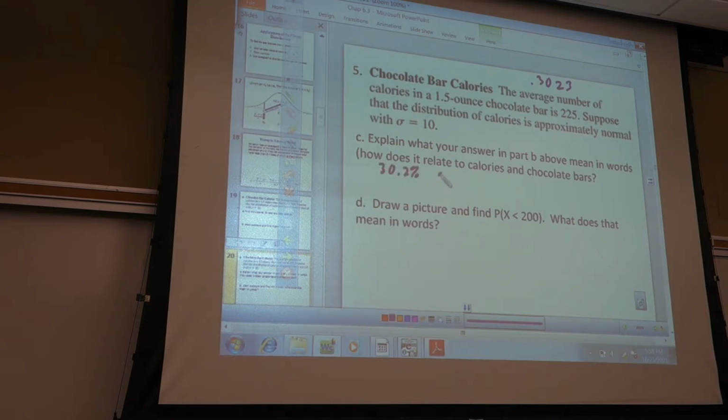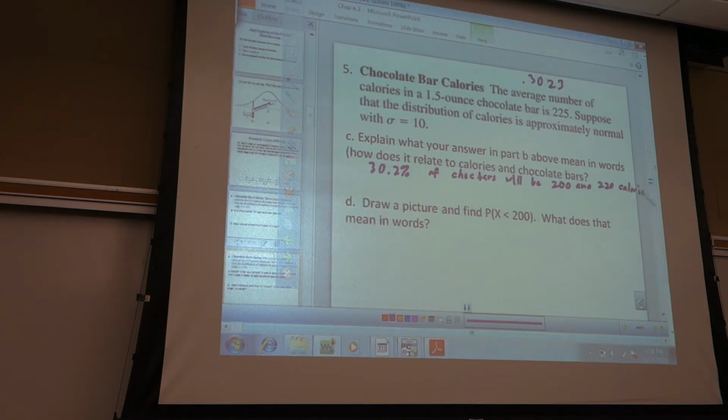30.2% of, well, and we're going to say of data. In this case, what's our data? Chocolate bars. Well, okay, so the z-scores will be between that, but that means that there will be between 200 and 220 calories. Perfect.